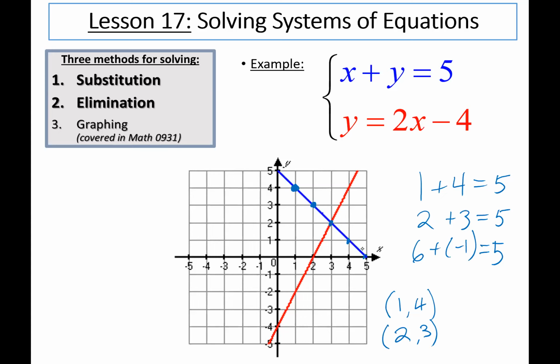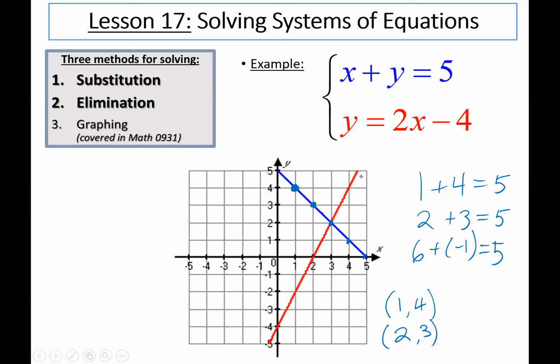Great, okay, so then if we move on to the red line, y equals 2x minus 4, there's an infinite combination of numbers that would make sense in this equation as well. And I'm not going to list them right now, but I just want you to see that that's what this red line represents.